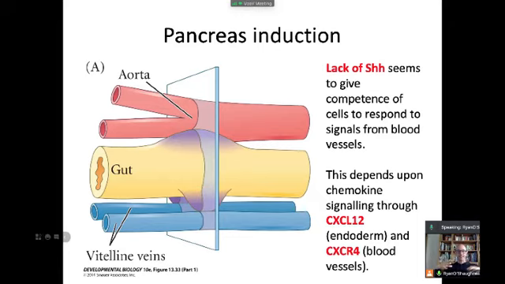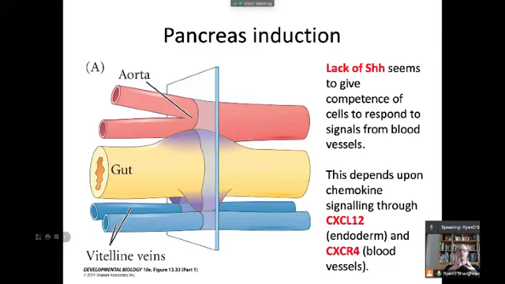So in this case, the lack of sonic hedgehog seems to give competence to those gut cells to respond to signals from the blood vessels themselves. And this appears to depend on signaling through CXCL2 in the endoderm, and CXCR4 in the blood vessels.